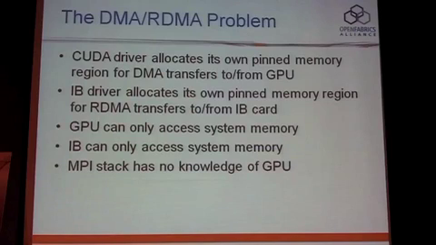The same for the GPU. If you RDMA something into a pinned region over the IB card and then attempt to push it to the GPU, the GPU has no knowledge that that region is pinned, so it has to use some fallback methods that are slower, and you lose about 50% of your bandwidth. And to cap it off, the MPI stack has no knowledge whatsoever of the GPU.